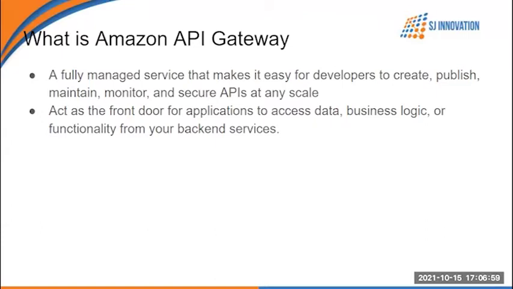It also acts as a front door for applications. If you want to access any data, there should be some security to validate whether the request is valid, whether a valid person is sending it, or whether it comes from the front-end portal.